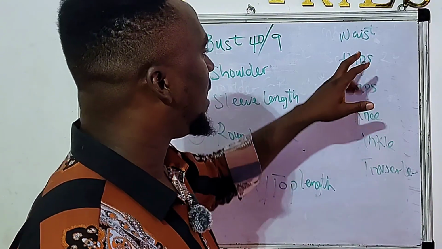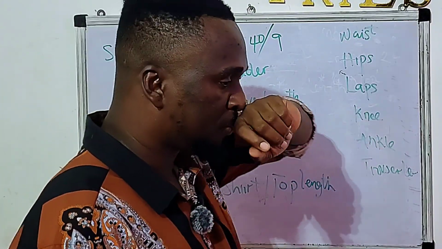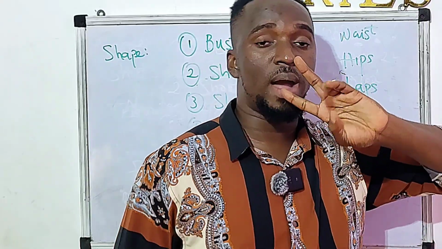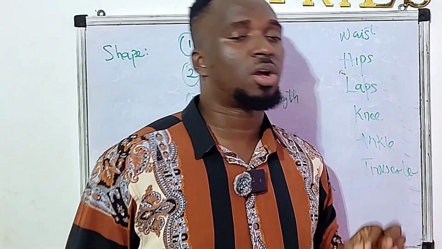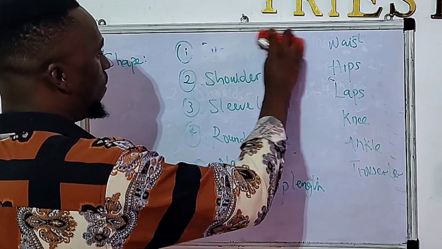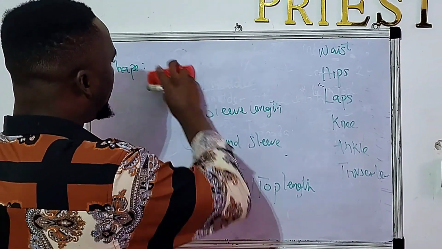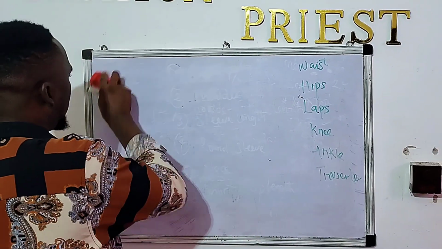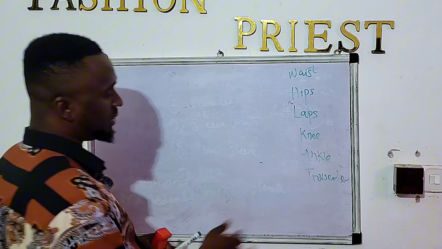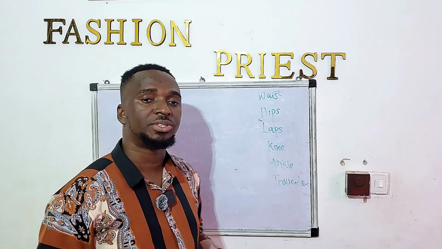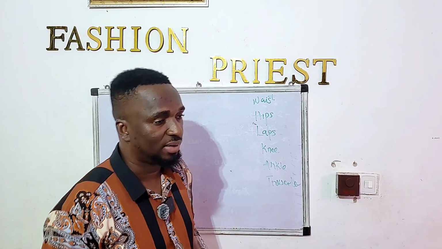Now, the next I want to explain here is the waist point. Female, they have two basic types of waist measurements. They have what they call the natural waist and they have the high waist. So now, when you are taking for a trouser, particularly, if you want to take your customer's waist measurement for the trouser, you need to find out from your client if she's making a high waist trouser, because you're dealing on trouser here.